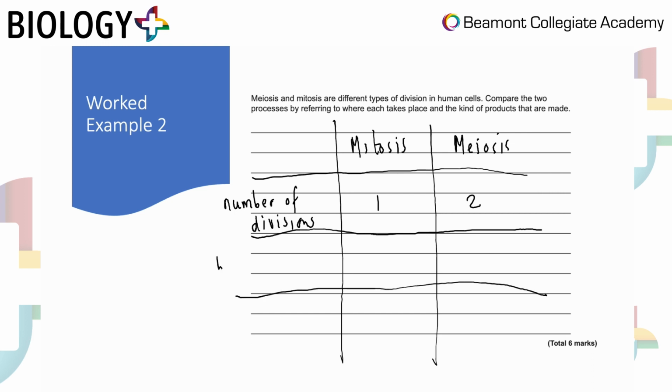Second point, where does it occur? Question mark, question mark. That would be a great way of not having to write too much whilst comparing them really quite concisely. Pause the video if you wish to, complete the table, and then take a look at the GCSE mark scheme.